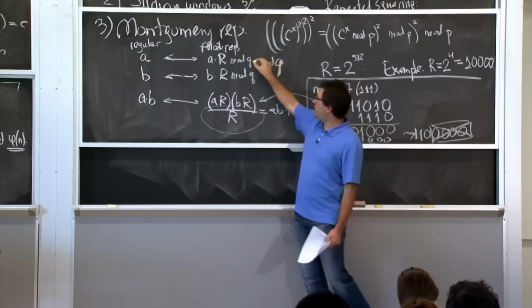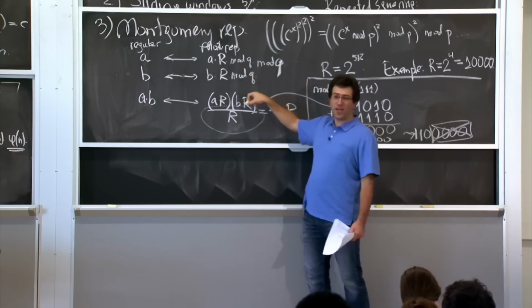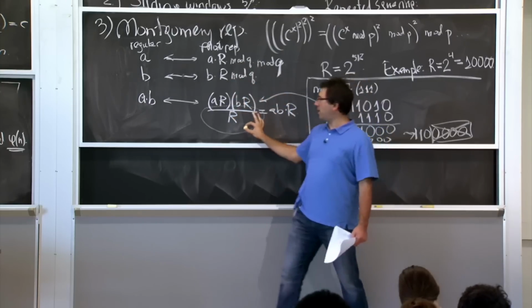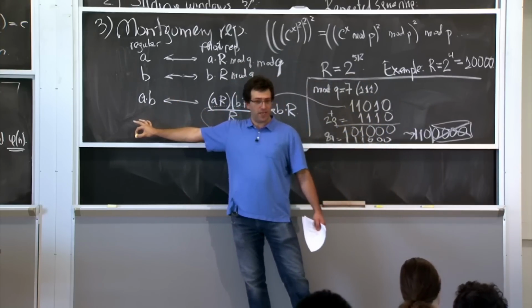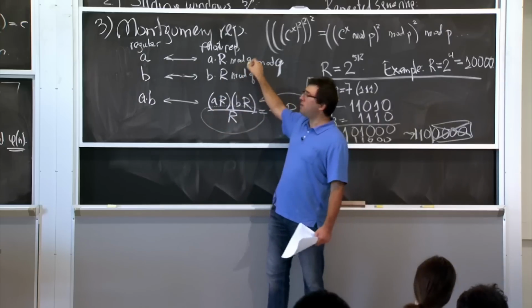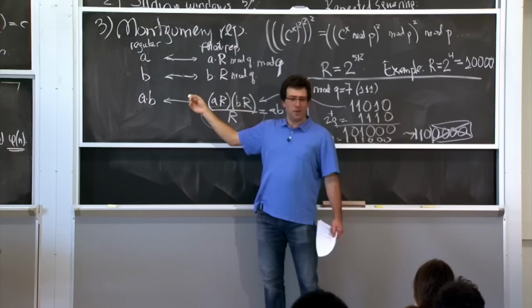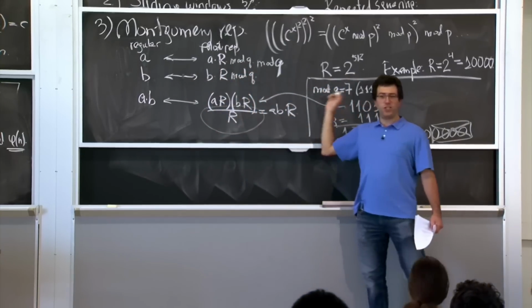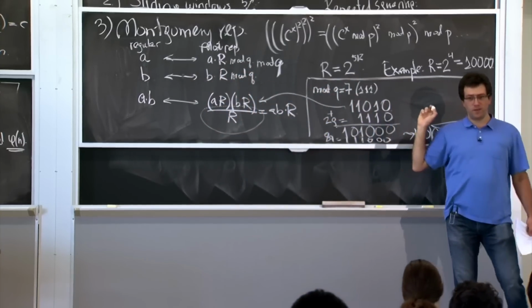So you do these mod q twice, and then you get a lot of cheap divisions if you stay in this form. And then you do a division by r to get back to this form again. So instead of doing 500 mod q's for every multiplication step, you do it twice mod q. And then you keep doing these divisions by r cheaply using this trick.